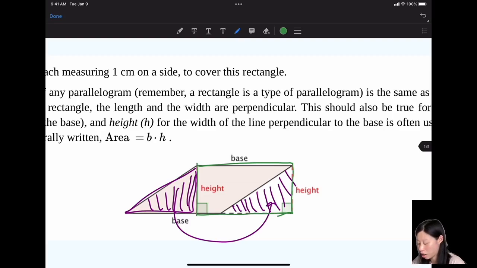So the area of a rectangle is equal to the length times the width. But for our parallelogram, the length is what? It's the base. And the width basically is the height of the parallelogram. So the area of a parallelogram equals the base times height.